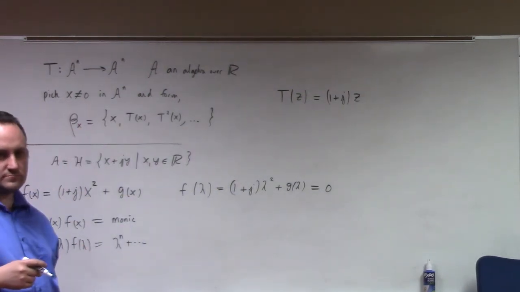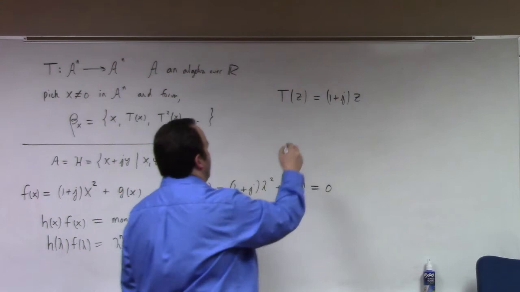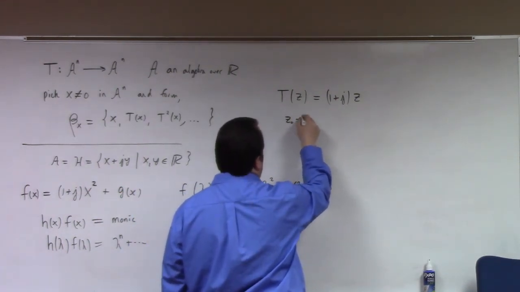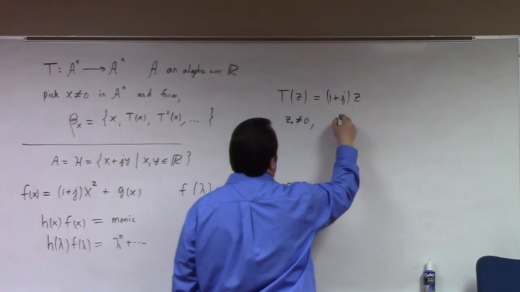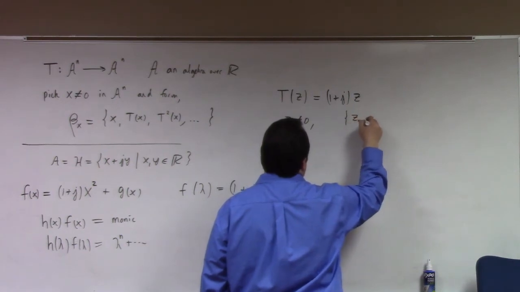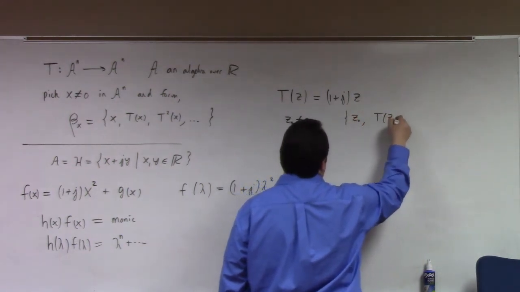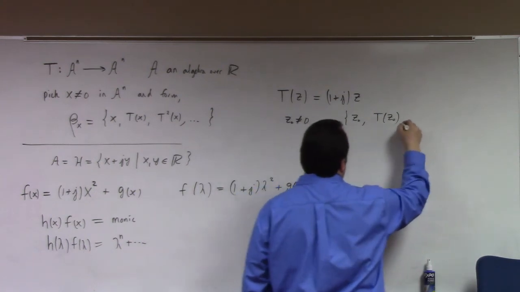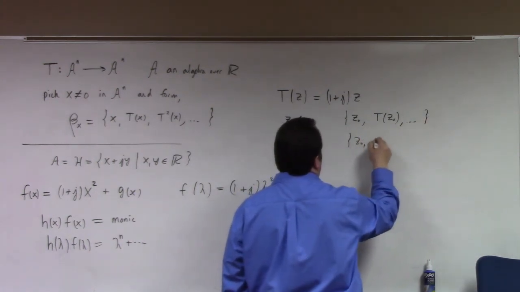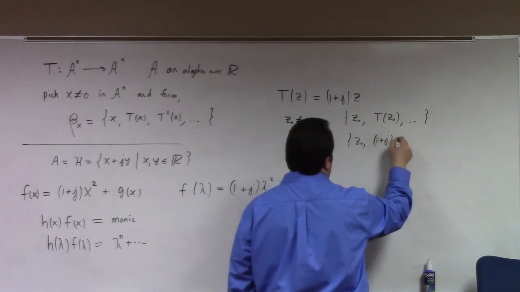Yeah, it's true. So pick any z not equal to 0. If I look at z naught and T of z naught and so forth, this is the set z naught, 1 plus j.